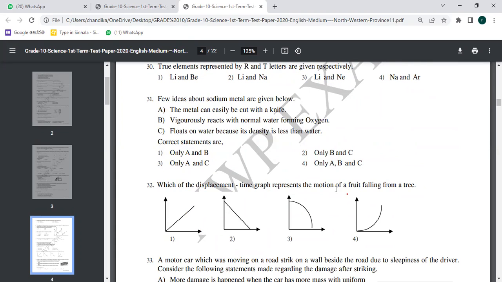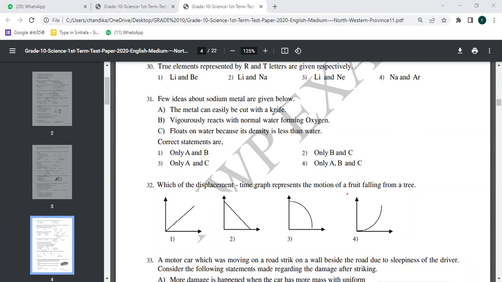Now question number 31. A few ideas about sodium metal are given below. The metal can easily be cut with a knife. Sodium, yes. I did this practical in the school for grade 10 students last month.